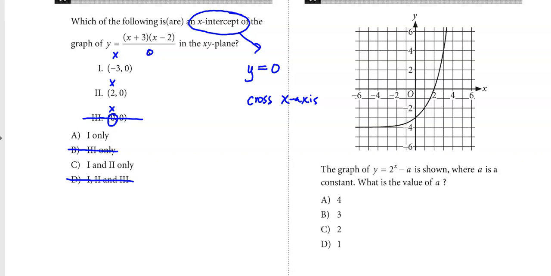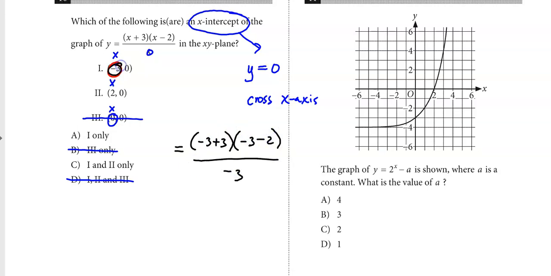And now if I'm looking for x-intercepts, well, when is y going to be 0? Think about these. If I plug in negative 3 into this equation, I'm just kind of copying this first part. I'm going to have negative 3 plus 3, negative 3 take away 2, all divided by negative 3.